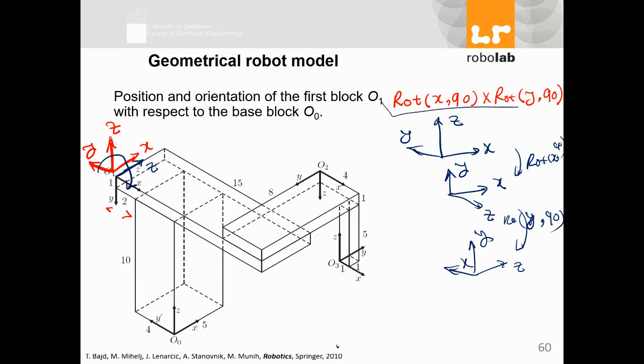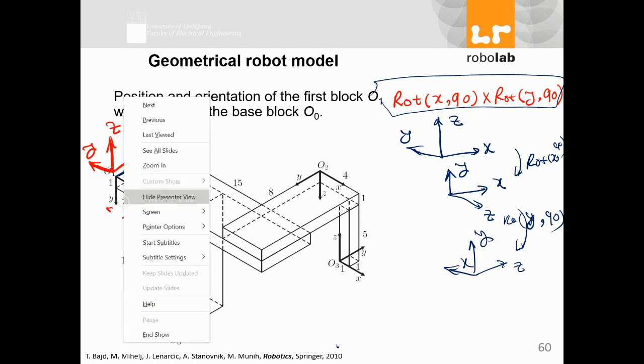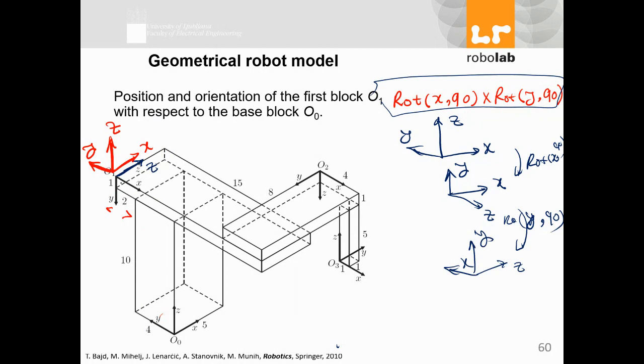So I think it doesn't end up with the right answer. I think this answer is wrong. This is not correct, rotate X 90 degrees. So Nikita, Jason, any suggestion? No suggestion?